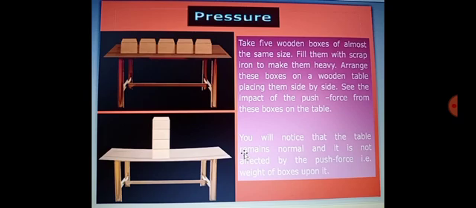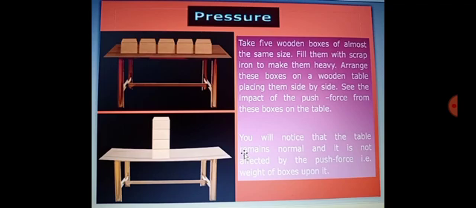But the same wooden boxes, keep them one over the other. So you can see, because of the heaviness of the boxes, the table started bending. Why is it so?